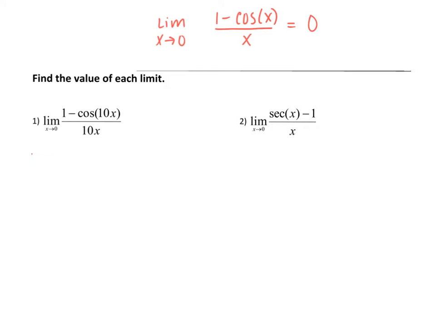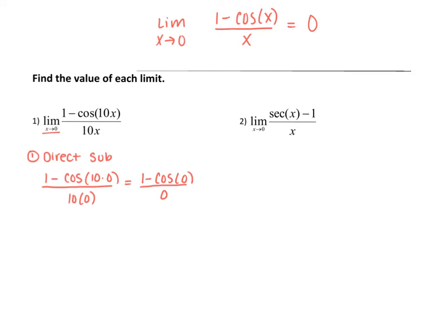So I'm going to go ahead and do that first. So 1 minus cosine of 10 times 0, because the limit as x approaches 0, over 10 times 0. So if we simplify this, it's 1 minus cosine of 0 over 10 times 0, which is 0.